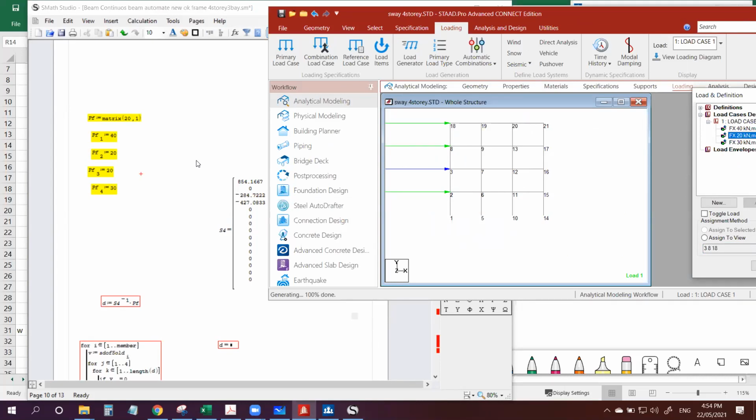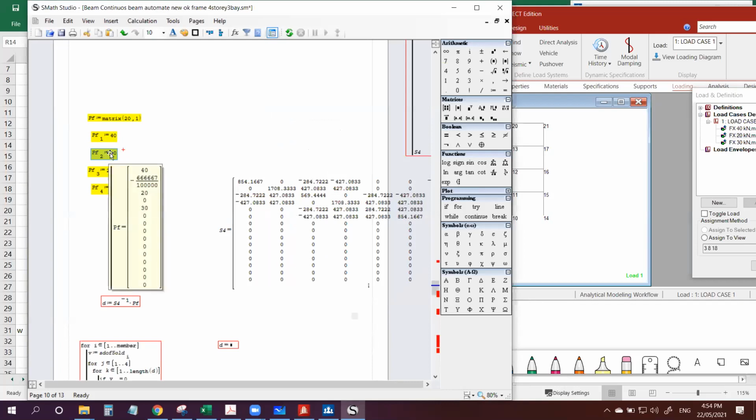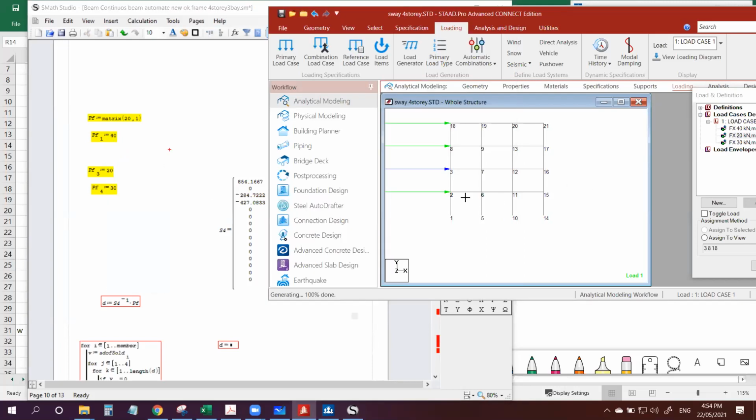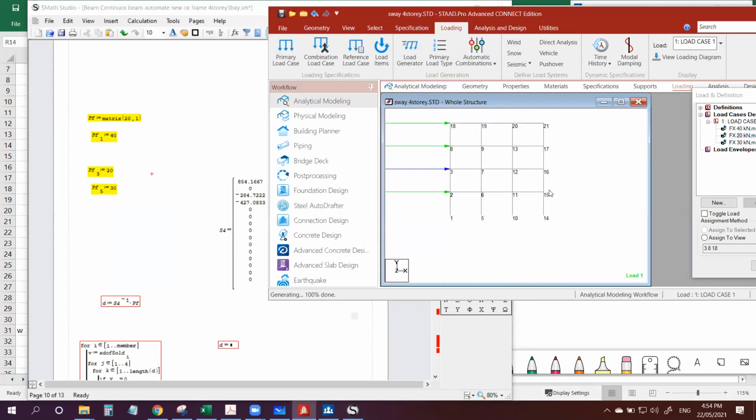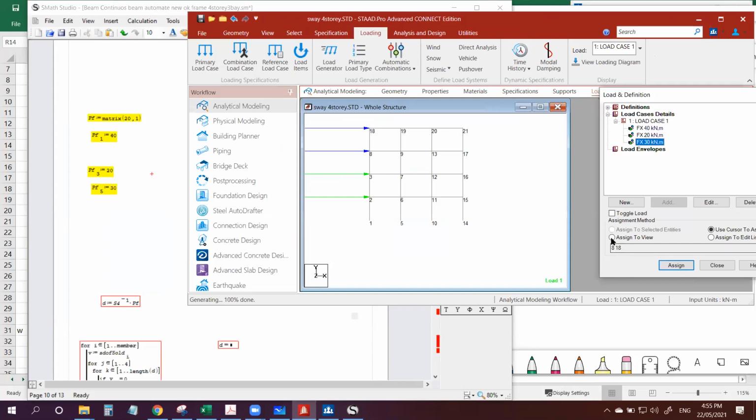Actually, it should be 3, not 2. 1, 2, 3, 4, 5. 5 is 30. Make this node 8 only. Node 8.